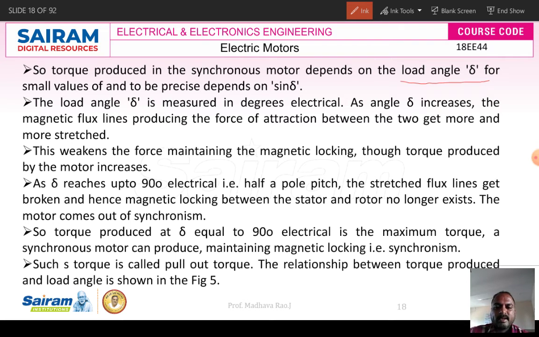When delta reaches 90 degrees electrical, of a pole pitch, the stretched flux lines get broken. When delta is 90 degrees, sin 90 is equal to 1, so sin delta will be equal to 1.